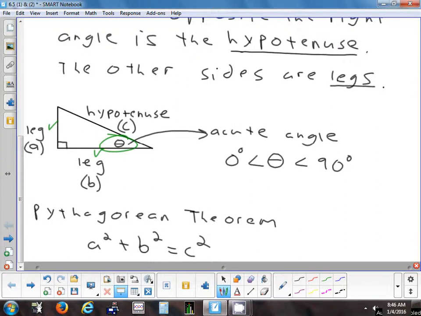So if we put our angle up here instead, now opposite is what's farthest away, and adjacent is what's right next to it. Any questions on that? Opposite and adjacent can switch places, just like left and right, depending on where you're standing.